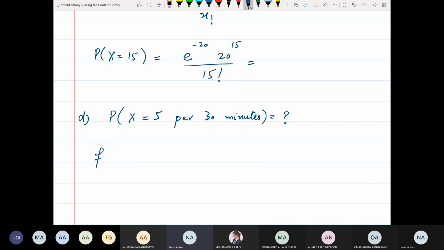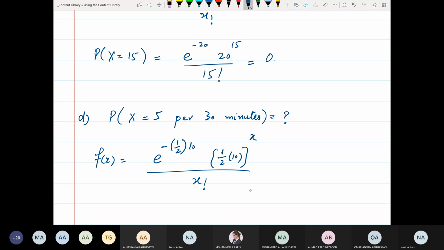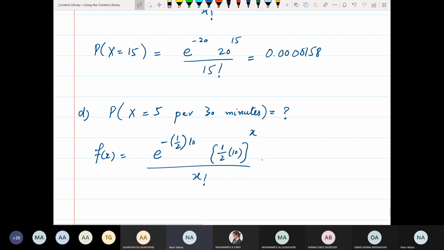So here your f of x will be e to the power minus half of 10, whole to the power of x, divided by x factorial, where x is again from 0, 1, 2, all the way up to infinity.